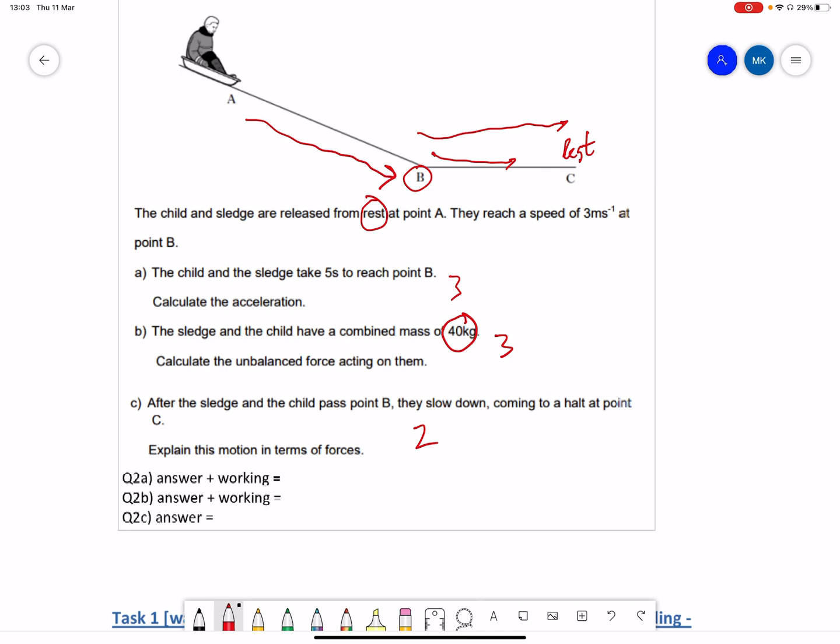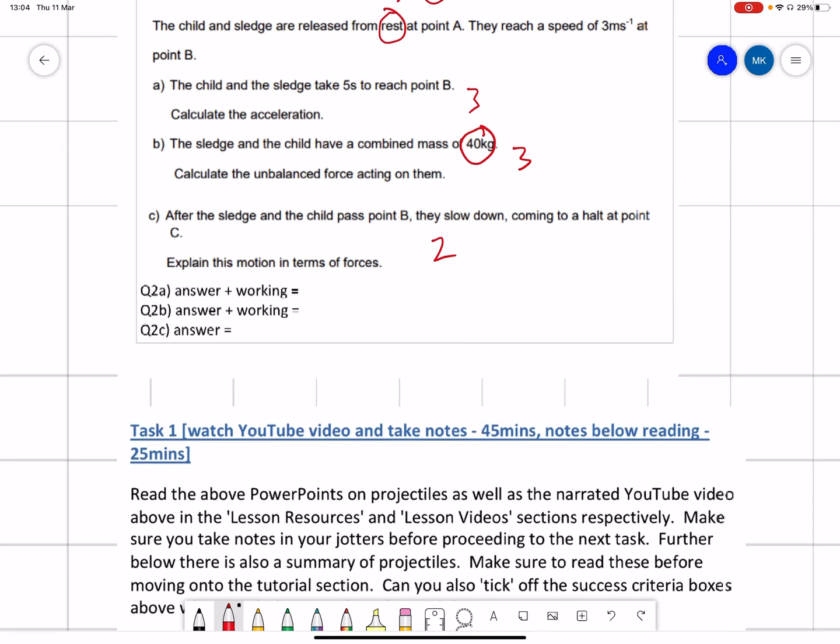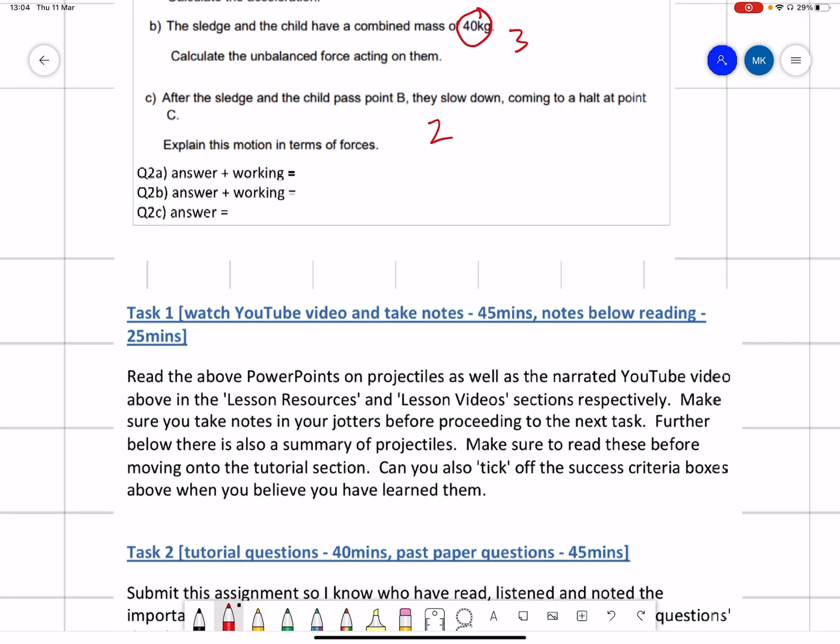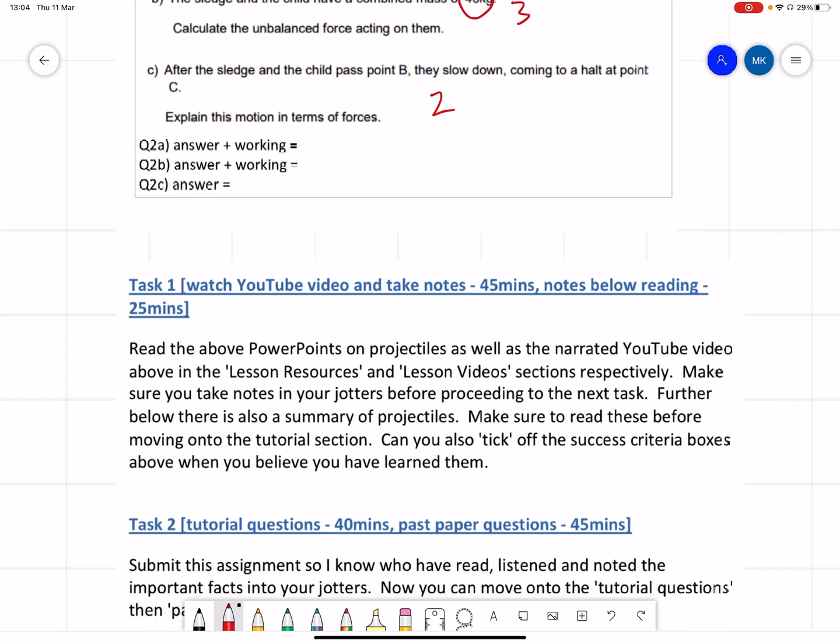So if it's going from a constant speed all the way down to rest, then an unbalanced force has acted on it. So describe what that might be and the forces that are in play, and put your answer in the bottom.